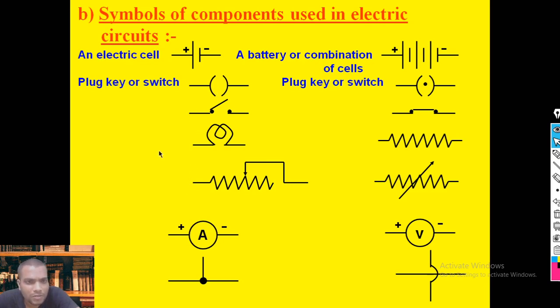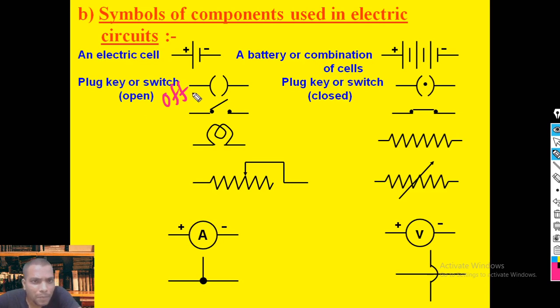When the switch is off, we call it open. How do we recognize it? In the symbol there won't be any dot. If the plug key has a dot, then it is closed, the circuit is closed.